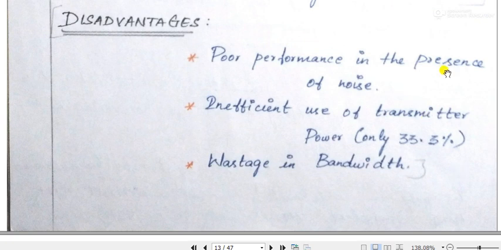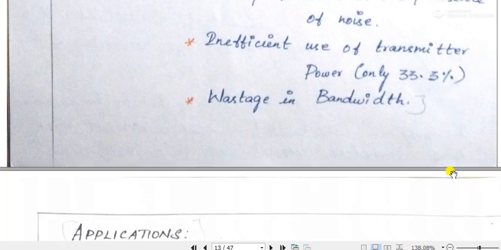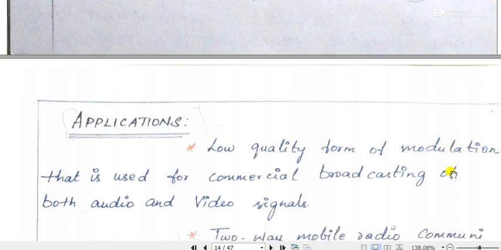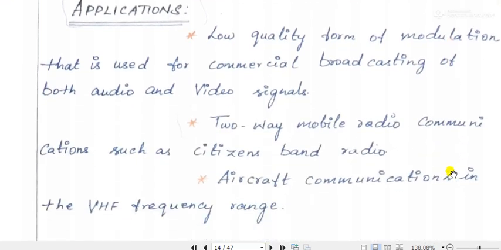Poor performance in the presence of noise, and inefficient use of transmitter power, because the upper sideband and lower sideband carry the same information, so 67% of the transmitter power is wasted. Next, wastage of bandwidth: the total bandwidth is wasted because of the upper and lower sidebands.